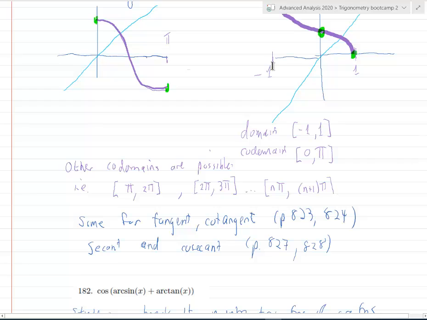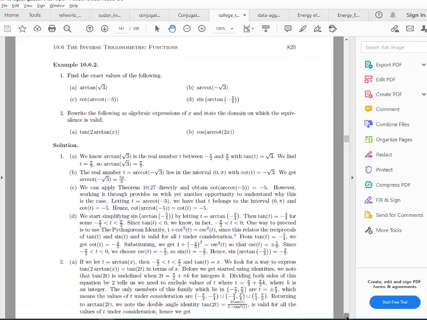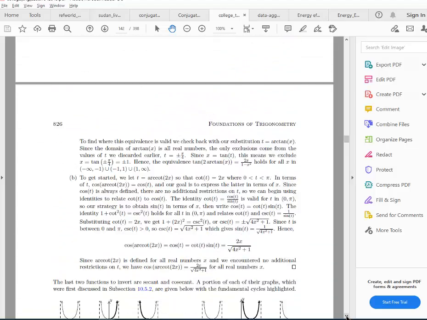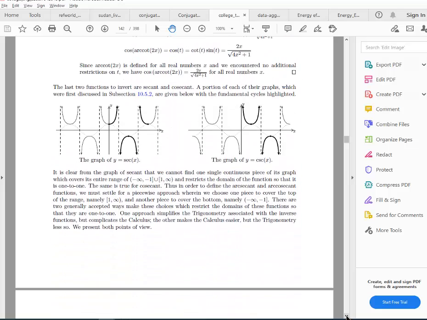Because secant goes between minus 1 down to minus infinity and plus 1 to plus infinity. And so does cosecant. Let's just take a look at that quickly. We can see those domains here. But we can choose the codomain of secant to be the same as the codomain of cosine. All right, so here's your secant.